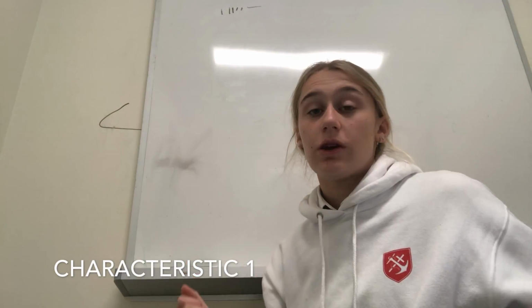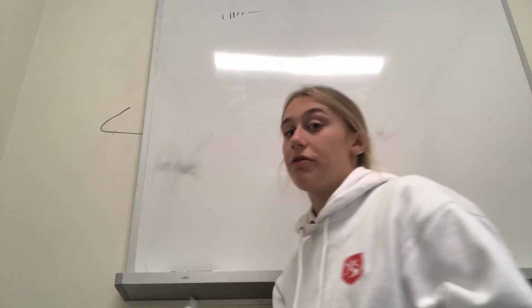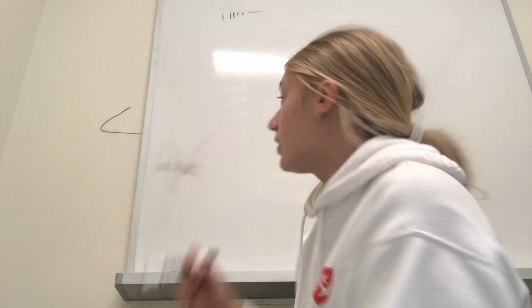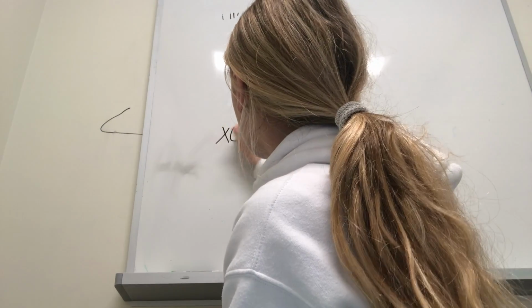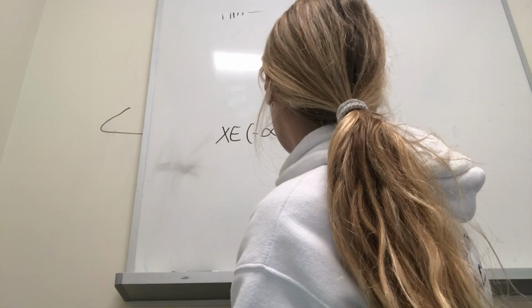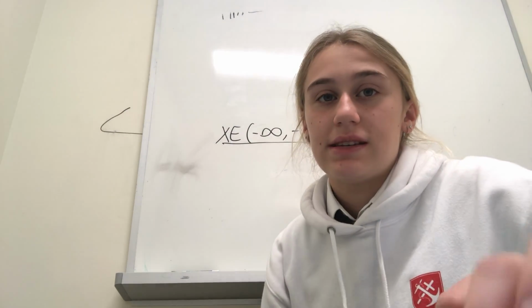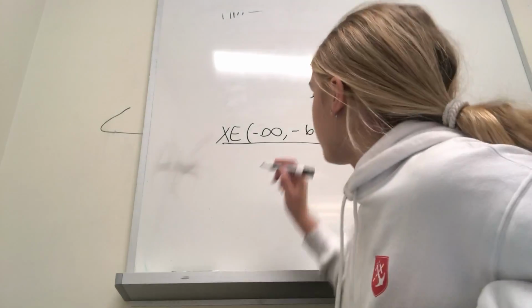So characteristic 1 tells us about the long run behavior of the function. More specifically, P of x must be positive when x is from negative infinity to negative 6. So what does this mean on the graph?